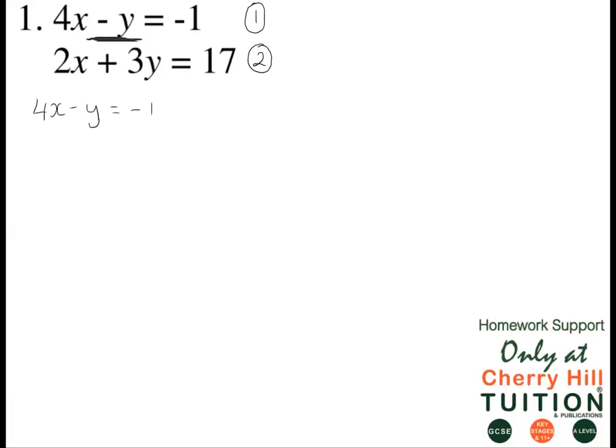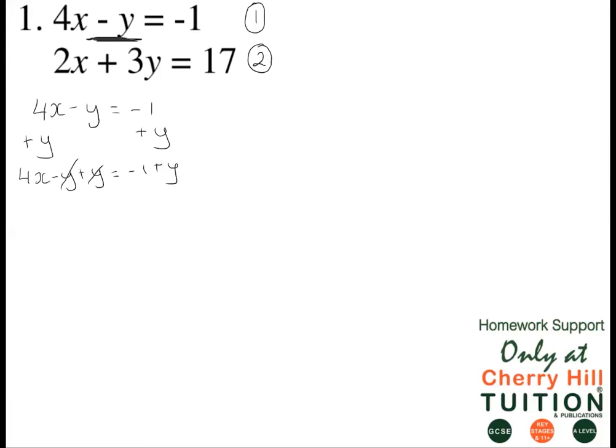Okay, so what we can do is add y on both sides, leaving us with 4x minus y plus y is equal to minus 1 plus y. On the left-hand side, the minus y and the plus y cancel out. So we're just left with 4x is equal to minus 1 plus y.